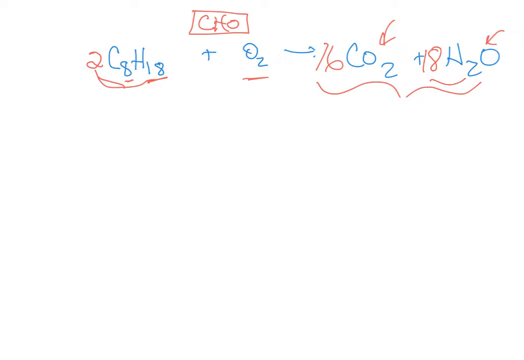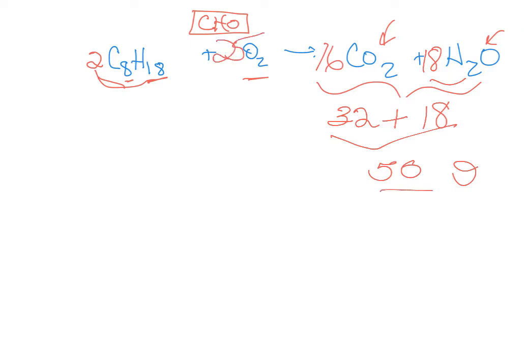And now I'm going to recount the number of oxygen on the product side. So I have 32 from carbon dioxide, another 18 from water. So I now have 50 oxygen atoms on the product side. So now that's an even number. I can put a 25 in front of molecular oxygen, and I'm all balanced.